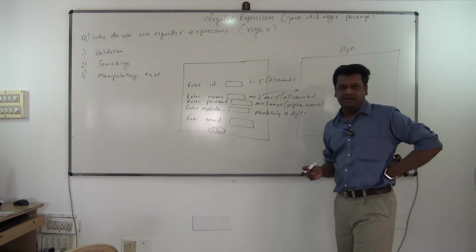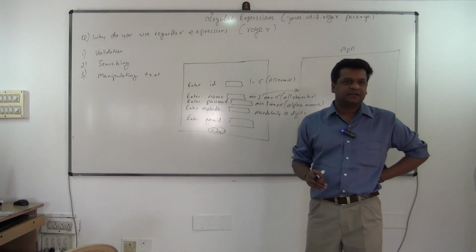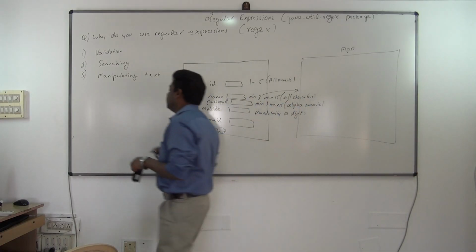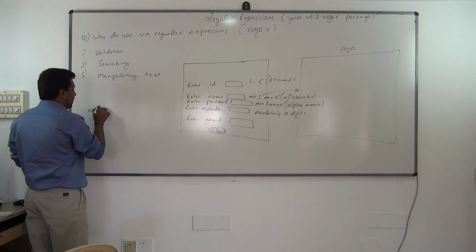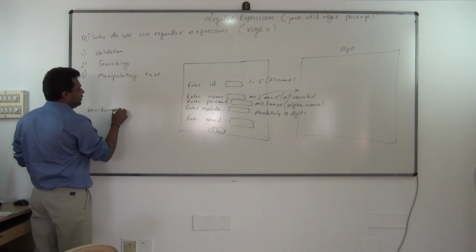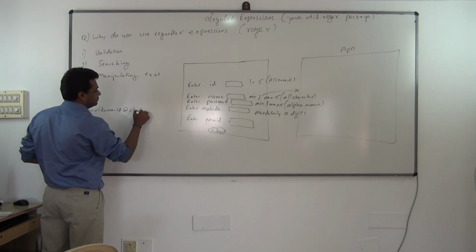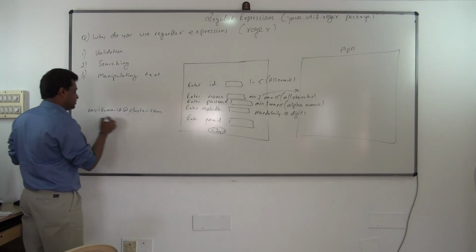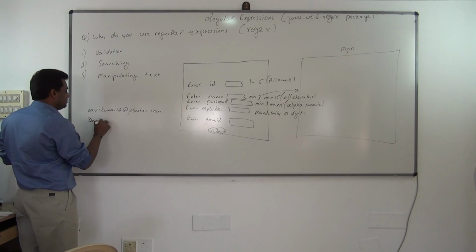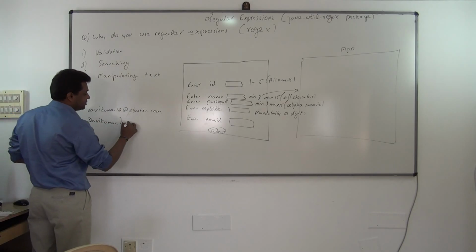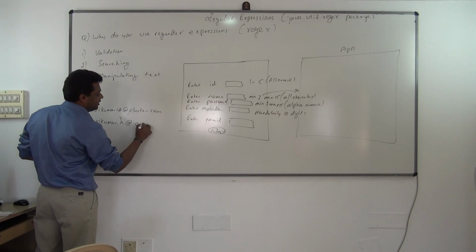Then email. See, email is a big subject. Email formats will be like this. You might allow alphanumeric, like RaviKumar12@cluster.com or gmail.com, anything like that. Or sometimes you might allow some special characters like dot also, ravikumar.h@gmail.com.